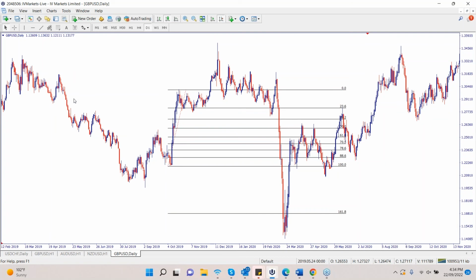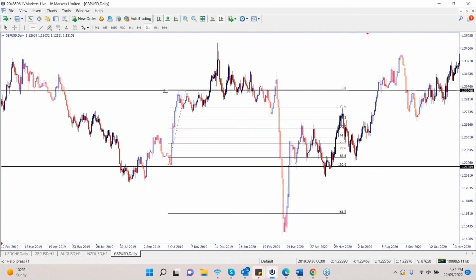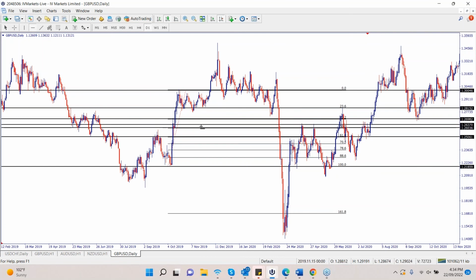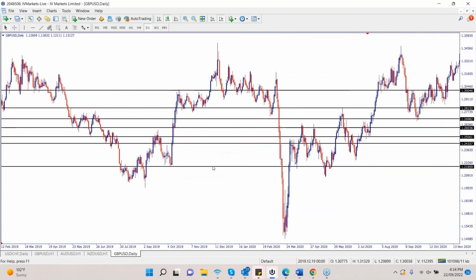This is the major support, this is the major resistance, and here we have levels 23, 38%, 50%, 61%, 70%, and below, 78 and 88%. So as you can see, we have these levels.